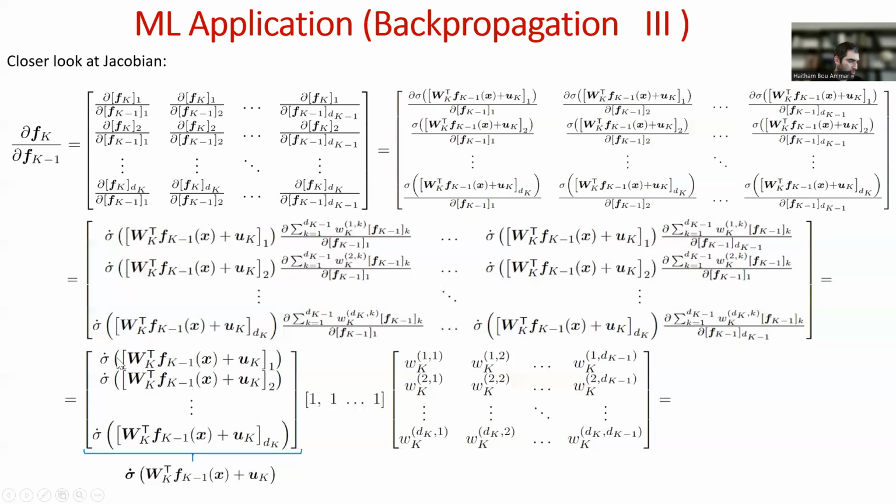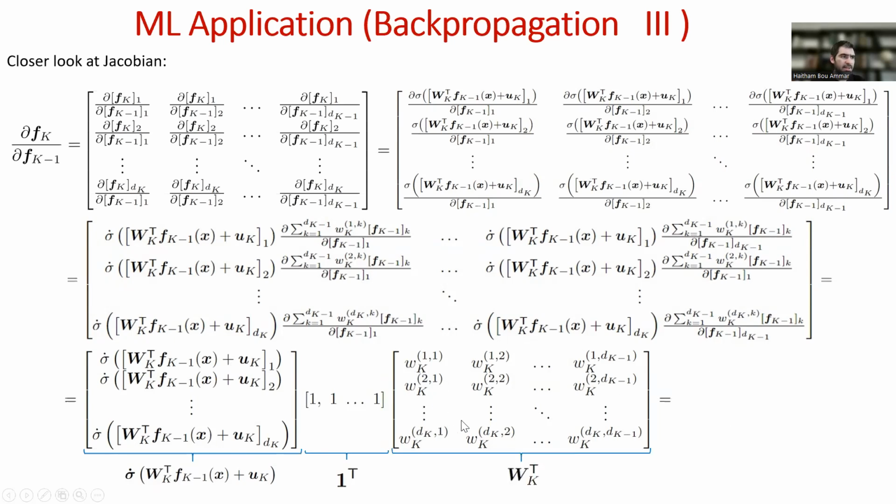where, just for simplicity, we will denote that vector as just a vector of the derivatives of the activation functions, component-wise. This is just a vector of ones with dimensionality equal to dk, which is the dimensionality of the output of the k layer.